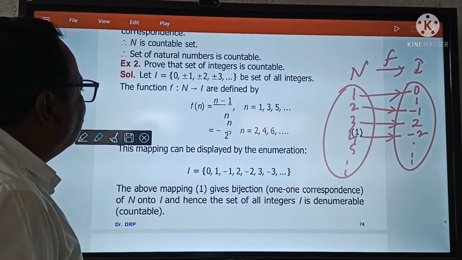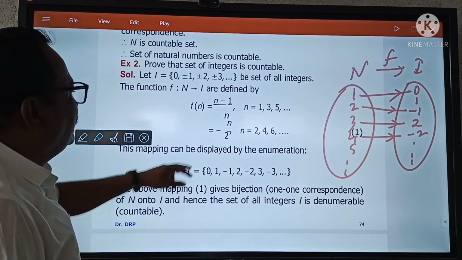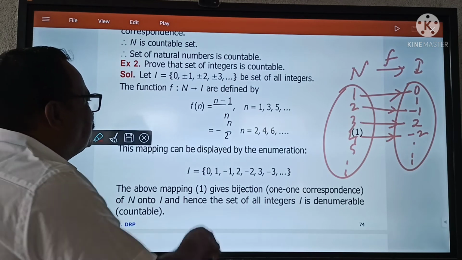Okay, so n minus 1 divided by n, this is not right. This is n plus 1 actually.